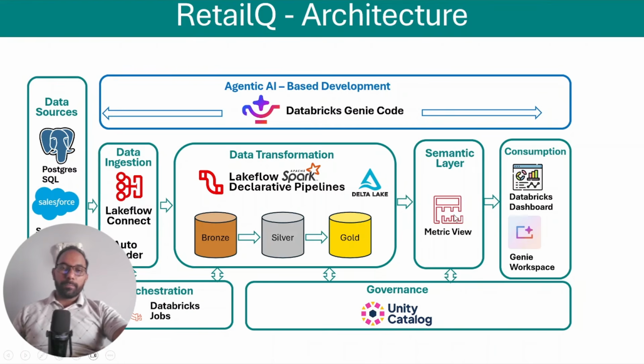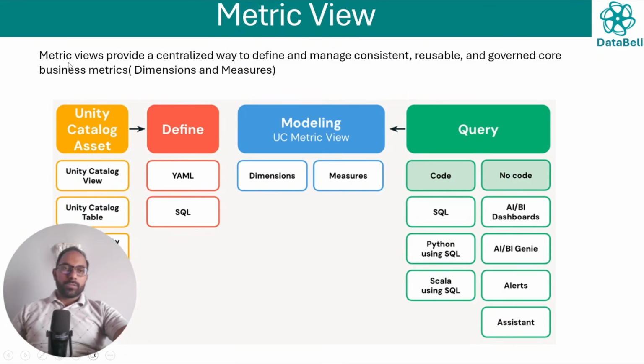So before we build it, let's understand what exactly metric views are, what a semantic layer is, and why we need it. The standard definition of metric views is that they provide a centralized way to define and manage consistent, reusable, governed core business metrics, which are dimensions and measures. Metric views are a new service provided by Databricks, recently launched.